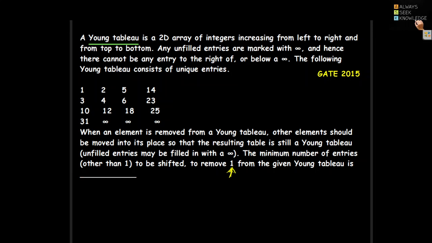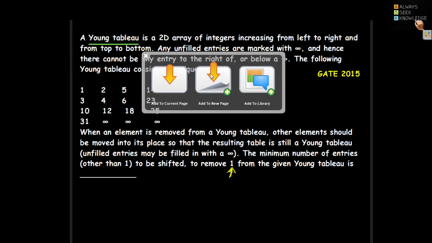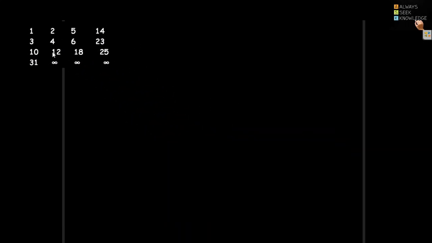Now let's solve this. So I'm just copying the tableau and let's consider this is the young tableau. Now start deleting. So if we are deleting the very first element, let's consider we delete 1. So there is nothing in place of 1.